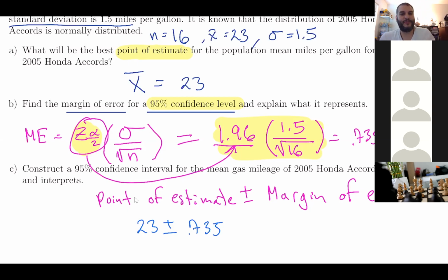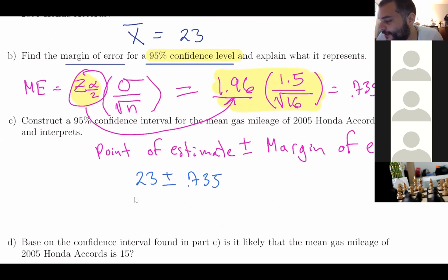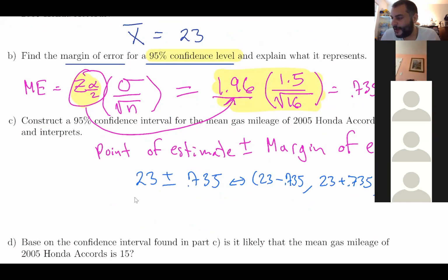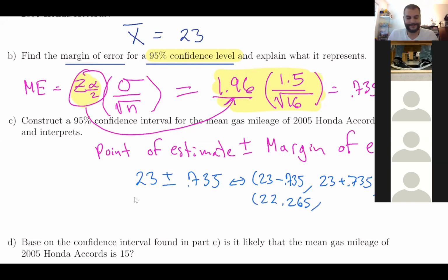Okay, so I'm going to do 23 minus 0.735, and you also do 23 plus 0.735. So you go 23 minus 0.735, and you get 22.265. Now you want to do the addition part.